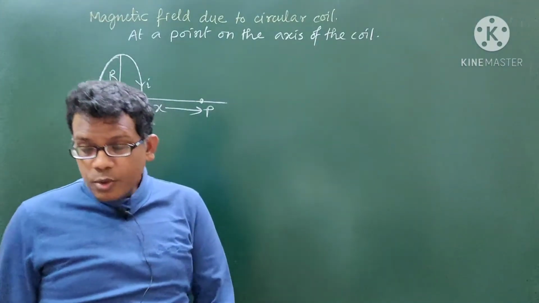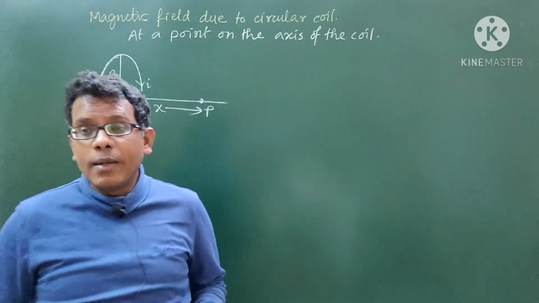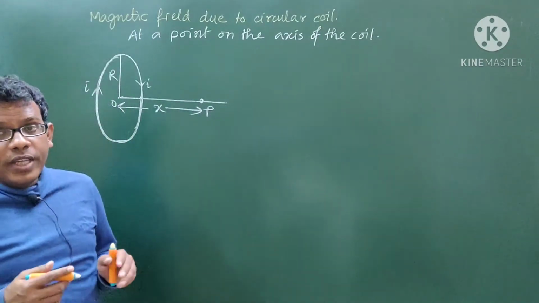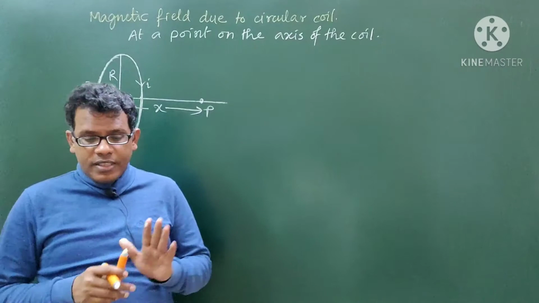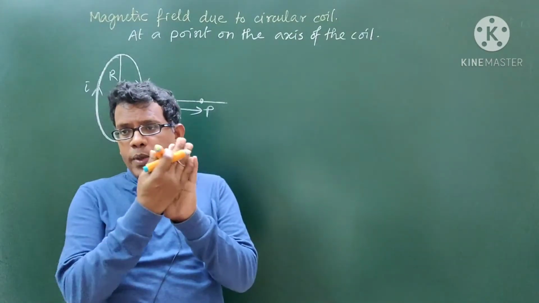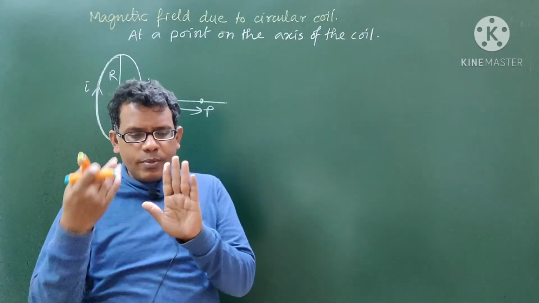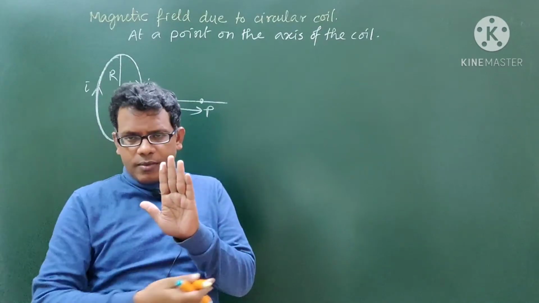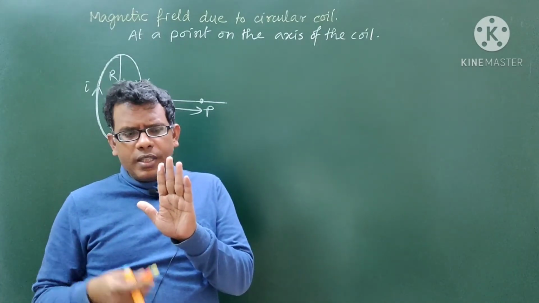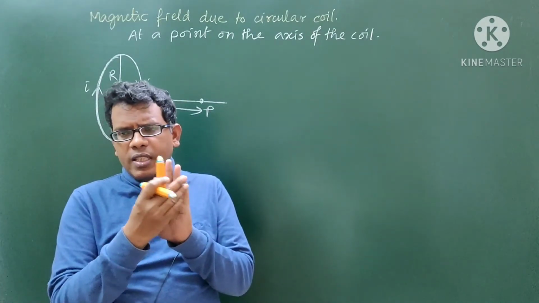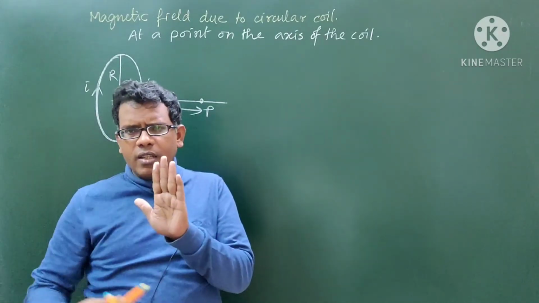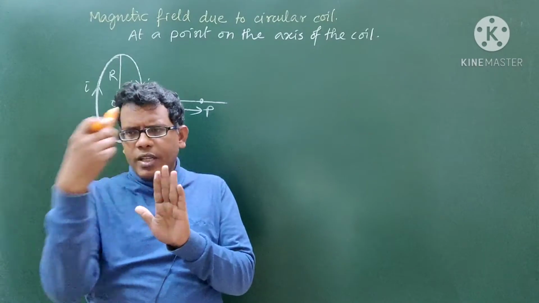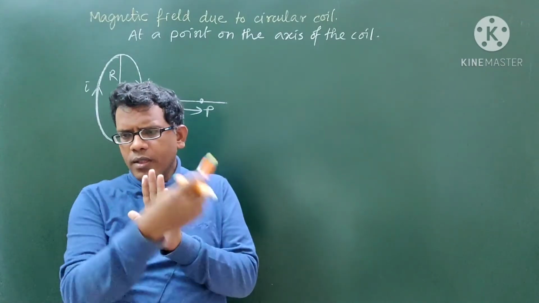Got this one? Being a three-dimensional geometry, we need to understand the status of the geometry. If this is the plane of the circle, then for me current can be either going this way or this way, right?